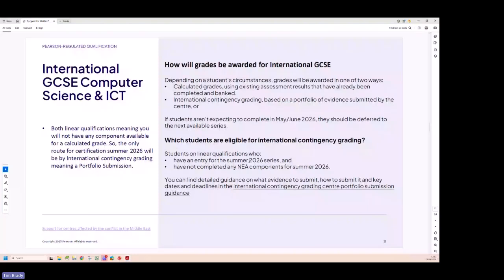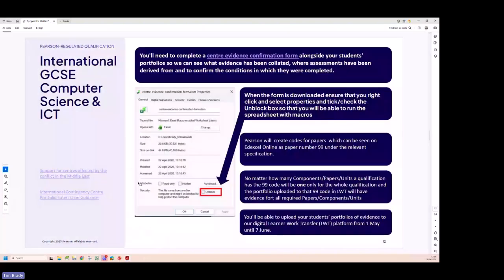Again, the students that are eligible for the international contingency grading would be looking to submit a portfolio of evidence for both components, and that theme runs through all of the contingency requirements. What they're looking for is evidence from every component.